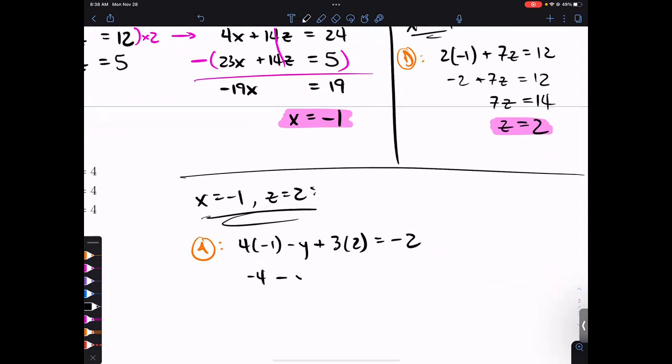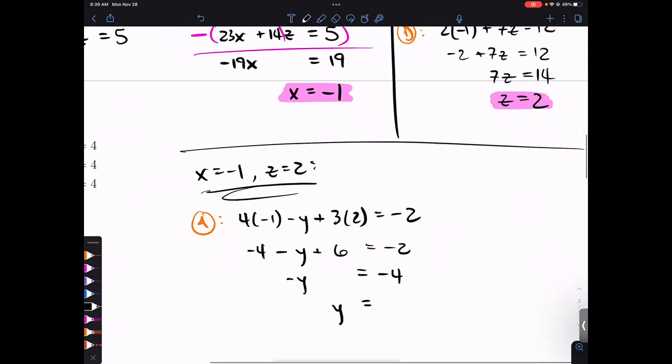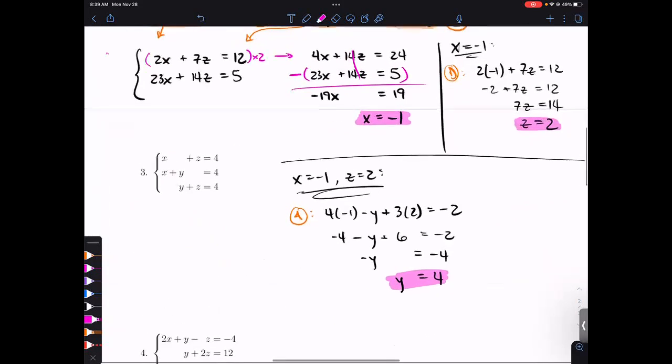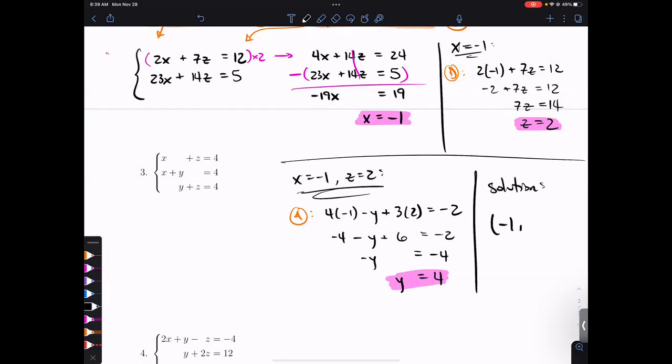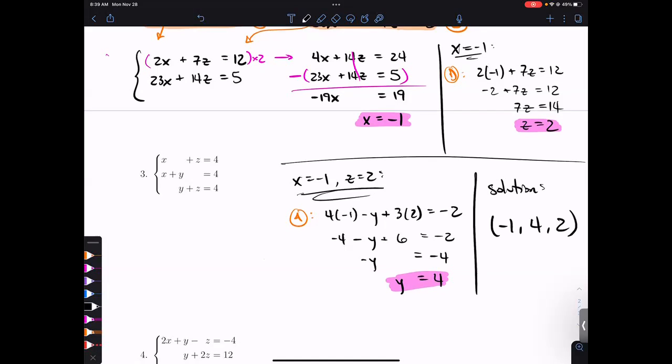So -4 minus y plus 6. Add 4 would be 2, subtract 6 would be -4. So y is 4. So our solution is the ordered triple -1, 4, 2.